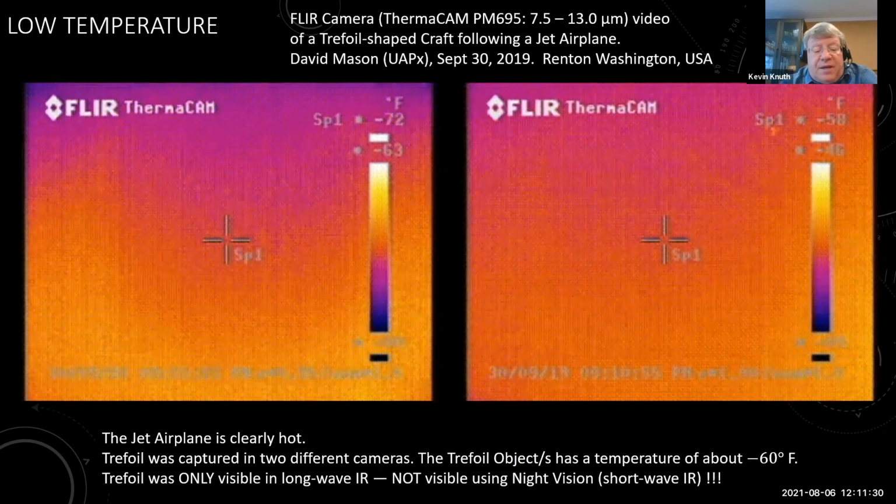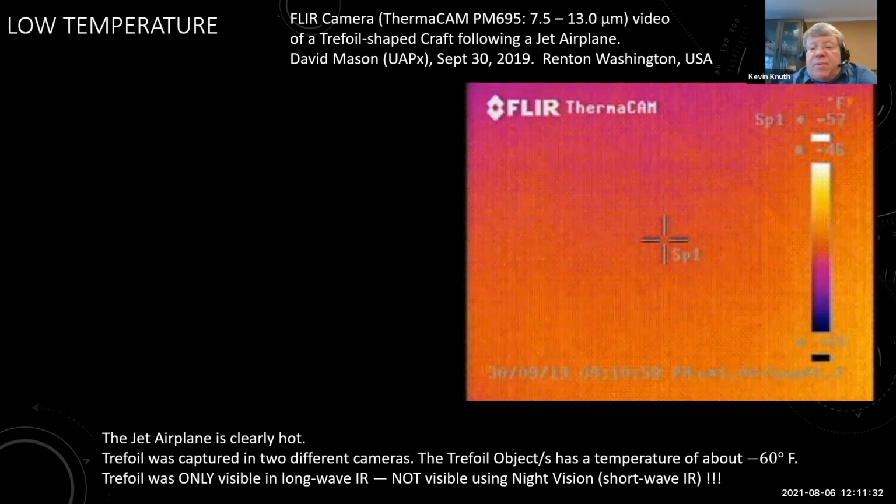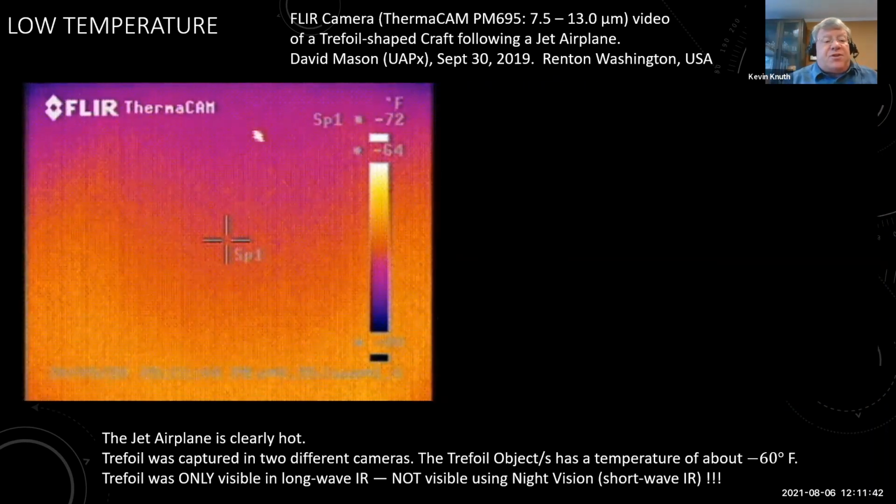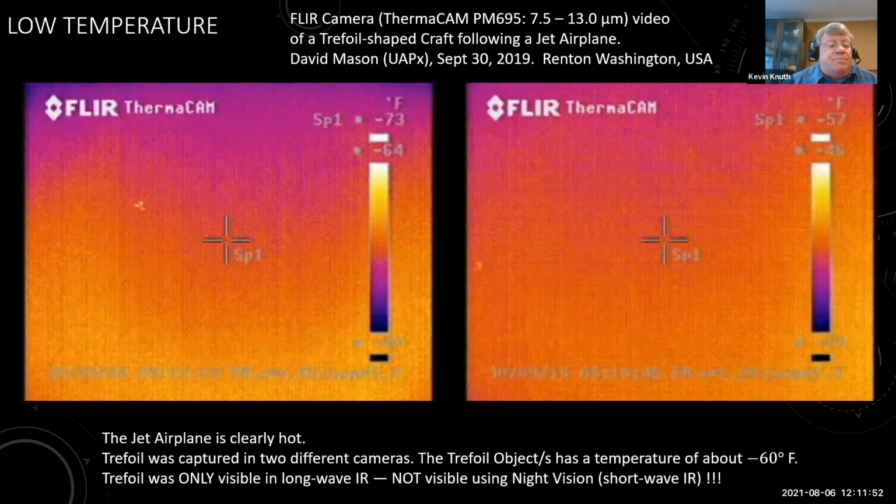So the UAP that's traveling has a temperature of about -60 Fahrenheit. So it's very cold, and it appears to be a trefoil shape. It appears to be three distinct objects, so it could actually be three objects flying in formation. So again, the bright object is warm. It's a jet airplane. And the object following it is about 60 degrees below zero.